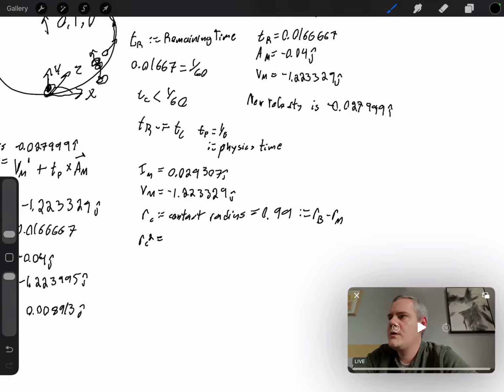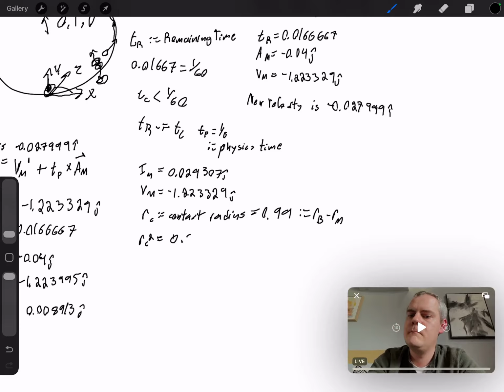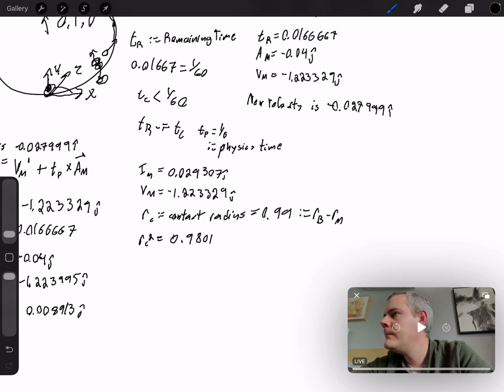So we're working with r squareds here. Relative position.